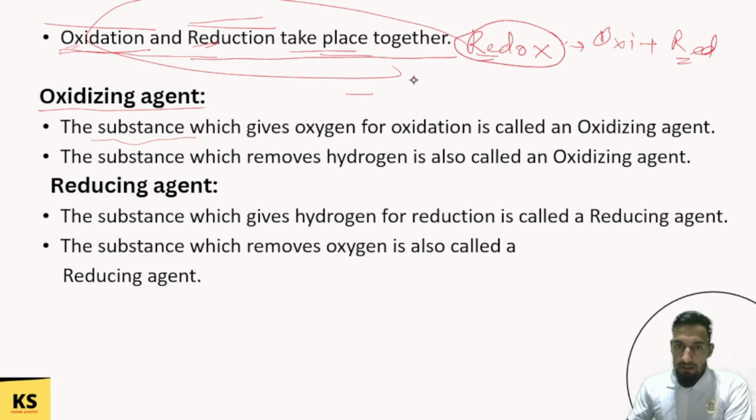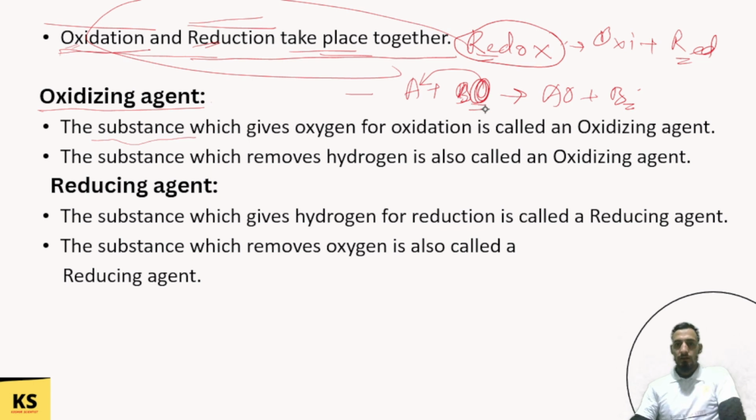When we have a reaction A plus BO, where B contains oxygen, it gives us some AO plus B. Since this BO gives oxygen for oxidation, we say that this is called an oxidizing agent.